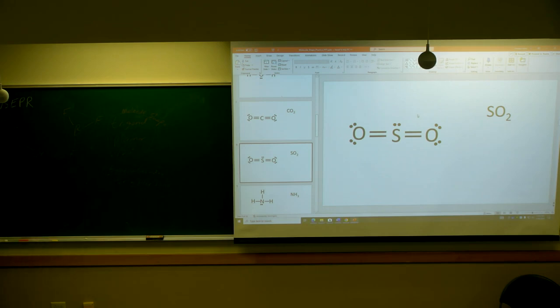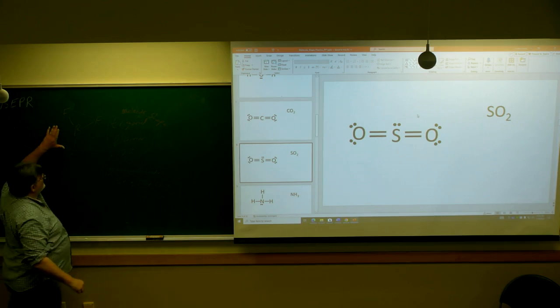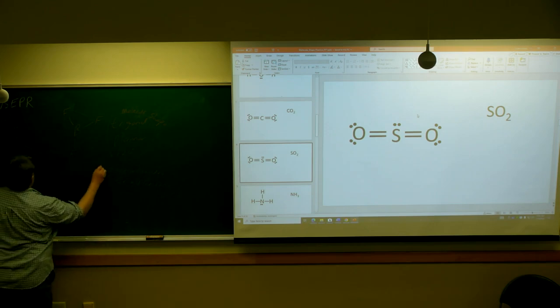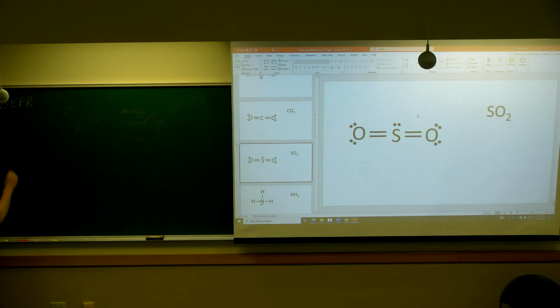And the electron geometry here, it's 3 in a plane, it's 120 degrees. This is still 3 in a plane. There's this, this, and this pair, all in a plane. So electron geometry, as in these electrons and those electrons, the geometry they make is trigonal planar.